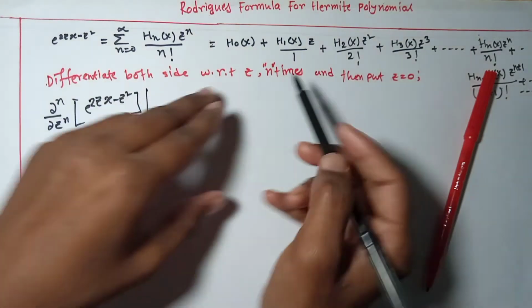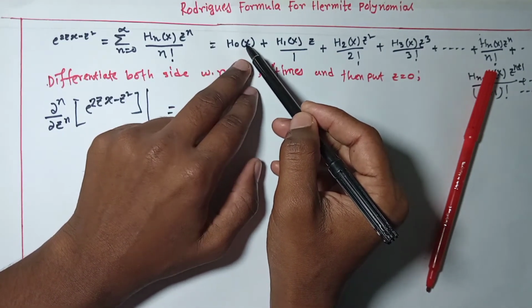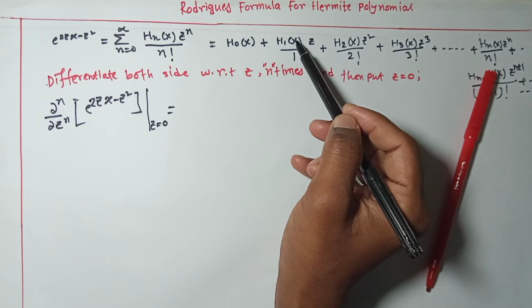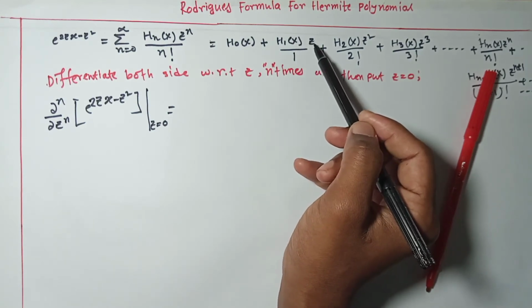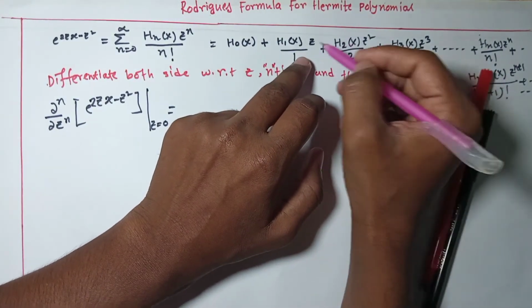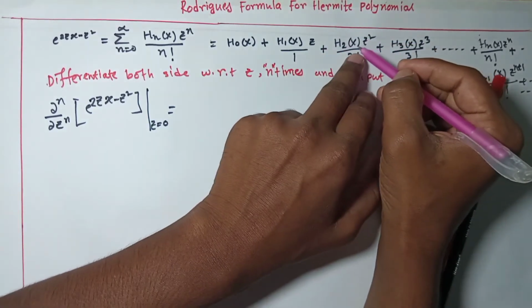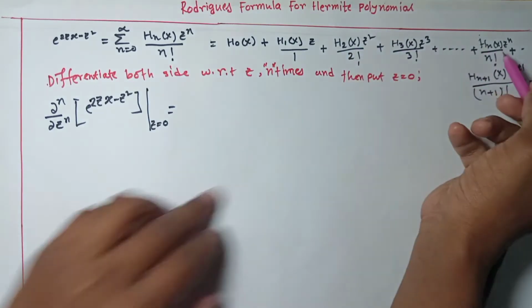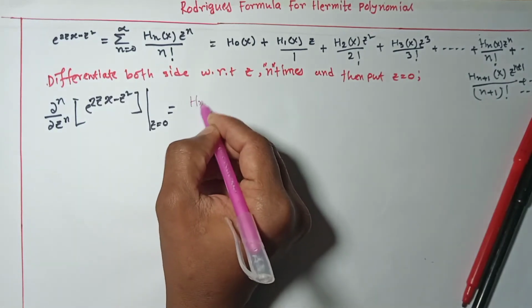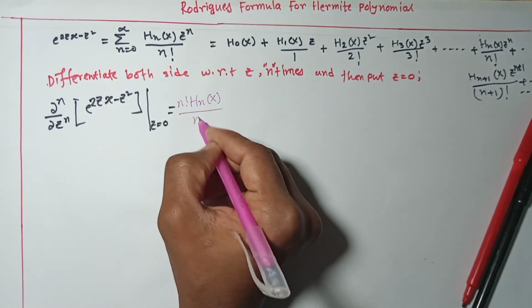When we differentiate the earlier terms n times, we get 0, because those terms have lower powers of z. Then we get only H_n(x) into n factorial divided by factorial n.